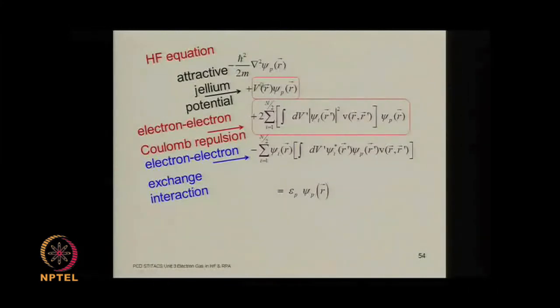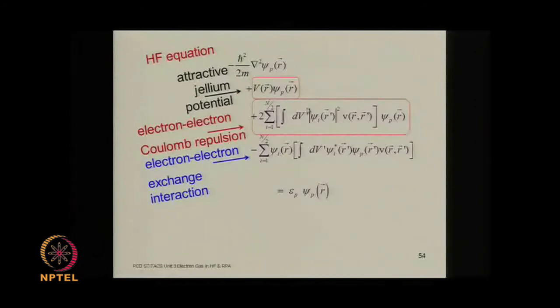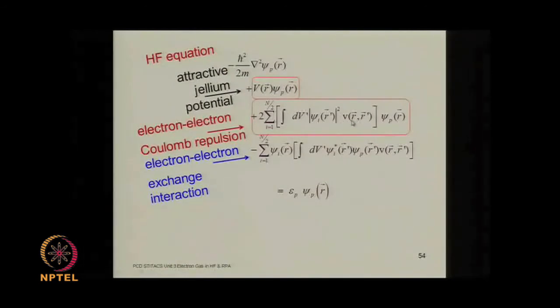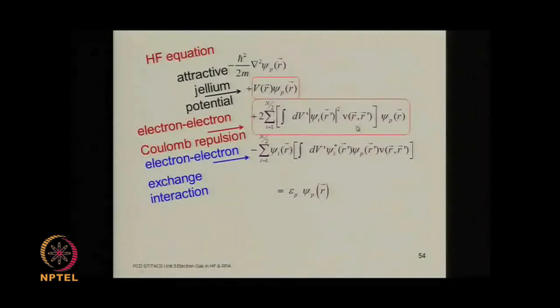Essentially what we are observing is that these two terms in this little box V(R), this is the jellium potential attraction term, and this is the electron-electron Coulomb repulsion term. This is the Coulomb repulsion term, right, V(R, R prime). So, these two terms are exactly equal and opposite.